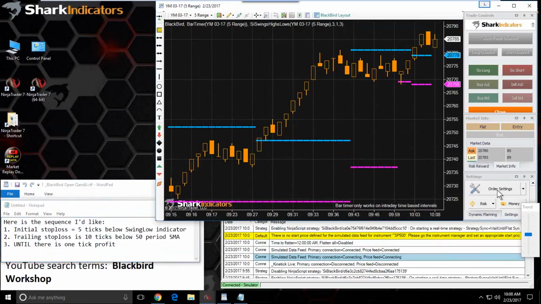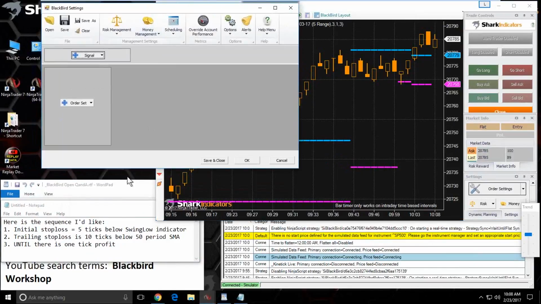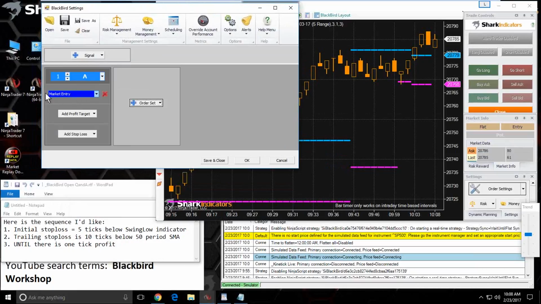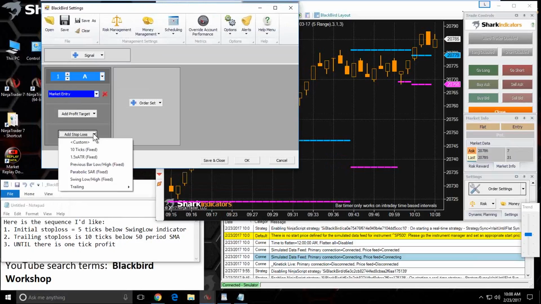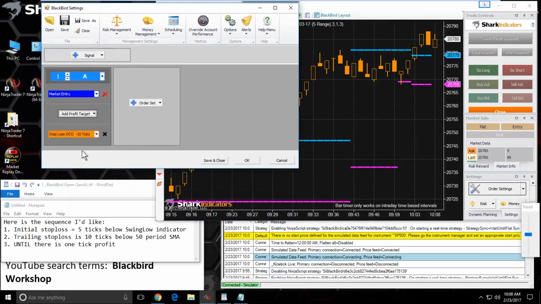All right, so let's get BlackBird open here. Since we're just interested in setting up some trailing stop loss rules, I'm just going to create a simple market entry order, and we'll start off with a fixed 10 tick stop loss.